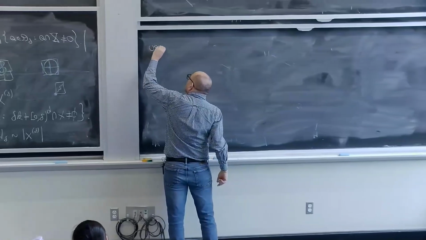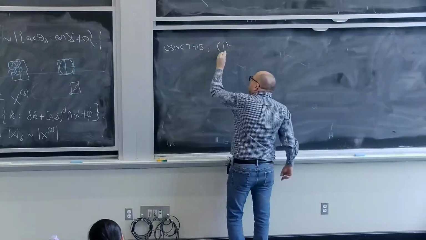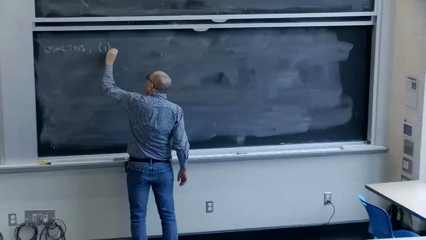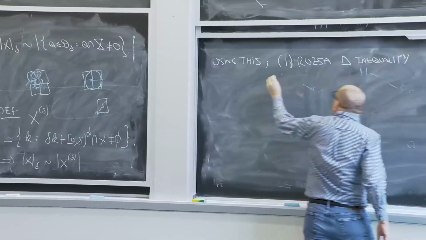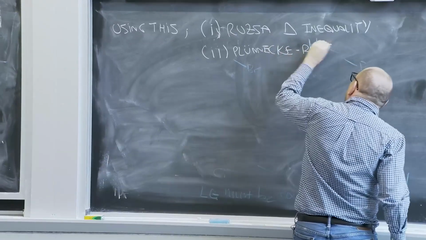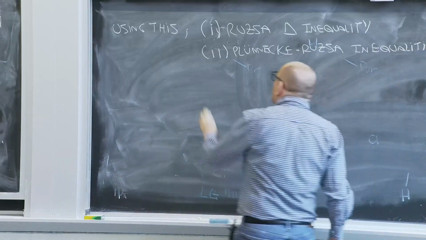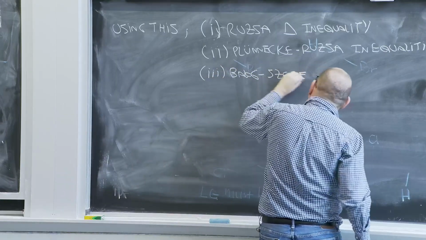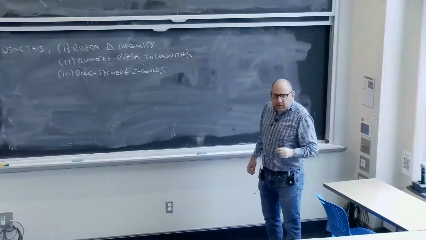So using this, in particular, the following three things, which are three very important tools in the proof of the finite field case of Bourgain's projection theorem, and also in the Euclidean case: the Ruzsa triangle inequality, the Plünnecke-Ruzsa inequalities, and the Balog-Szemerédi-Gowers theorem, they all hold for delta covering numbers by putting bar delta.